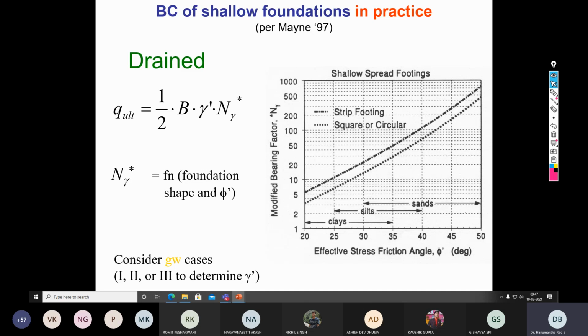Then in case of the drained condition, because the previous slide was talking about undrained, we can use this equation: Q ultimate is equal to one half gamma dash B N gamma star. Here N gamma star is a function of the foundation shape and phi dash. Sir, what is SU in the last slide?